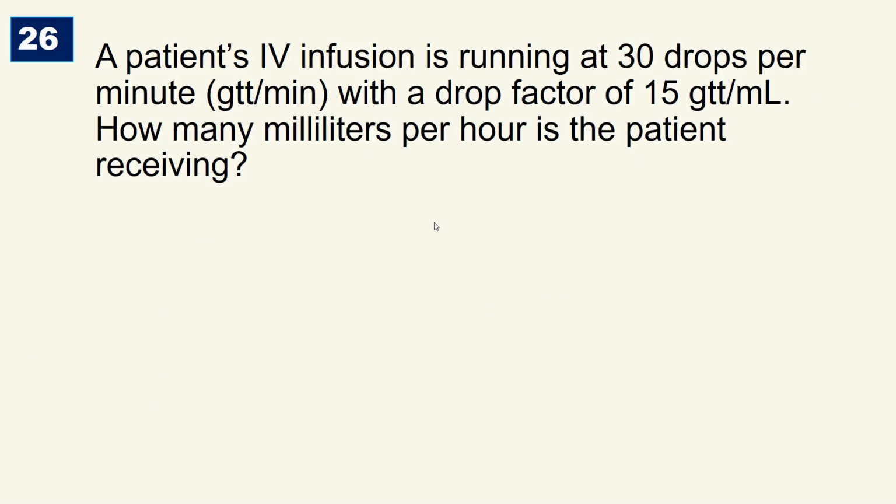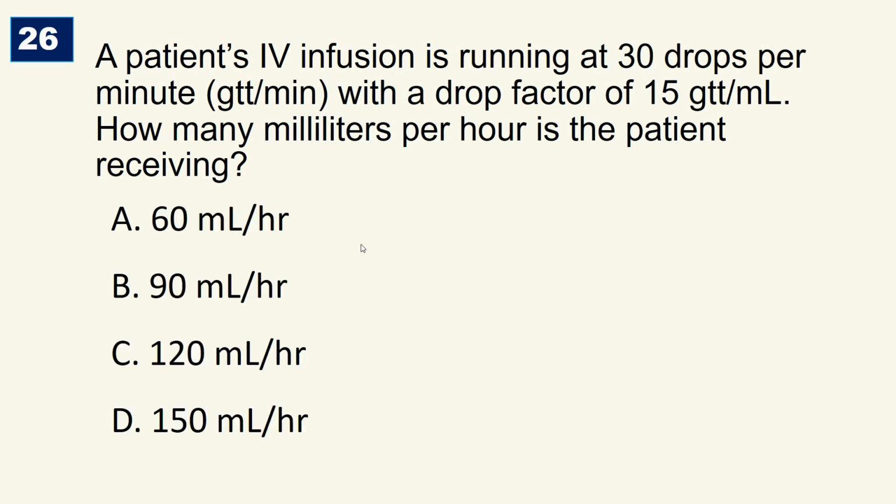Next, a patient's IV infusion is running at 30 drops per minute with a drop factor of 15 drops per mL. How many mL per hour is the patient receiving? Calculate, I will pause, and check your answers. Correct answer is 120 mL per hour.